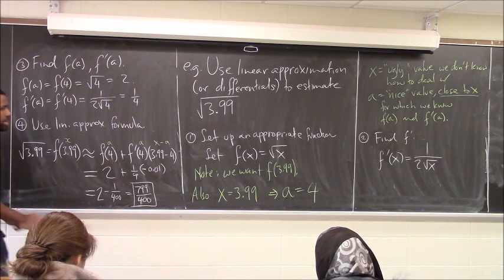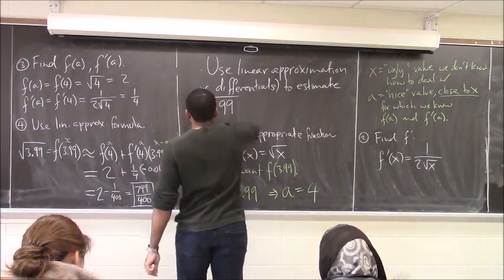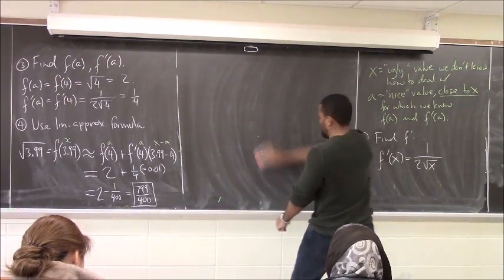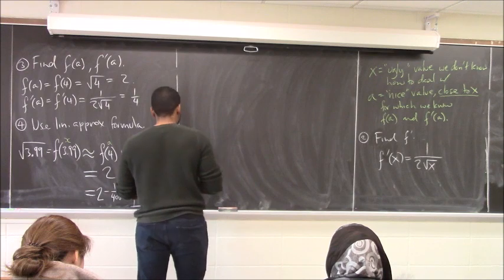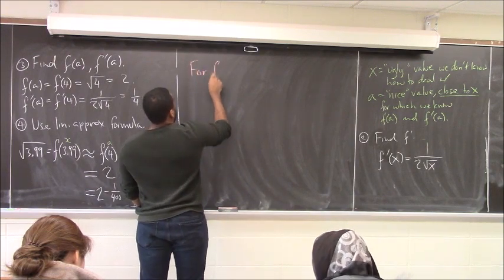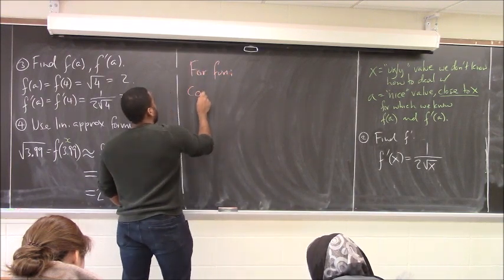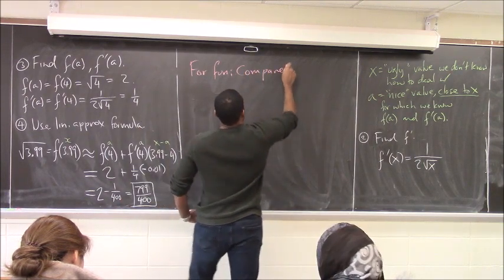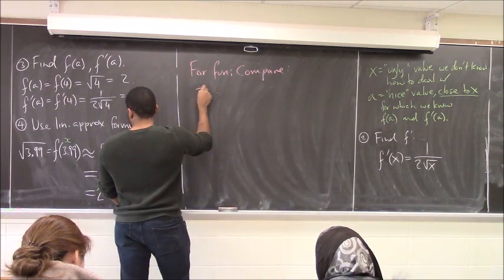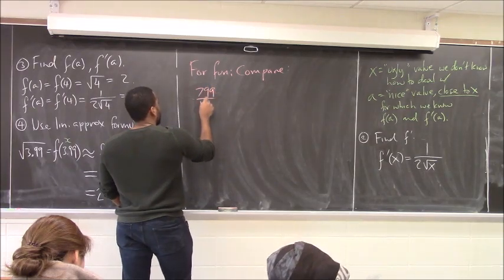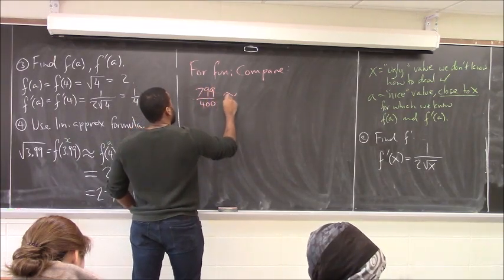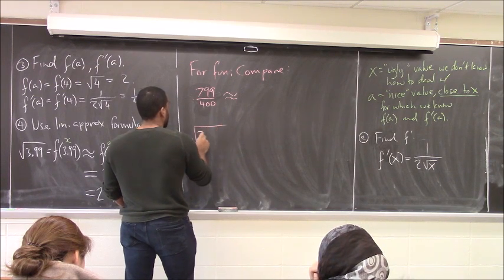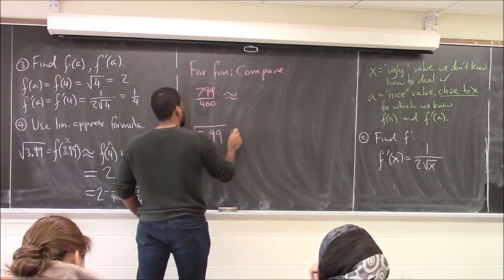Now just for fun, let's actually compare. If we look at 799 over 400, tell me roughly what is that, versus the square root of 3.99.